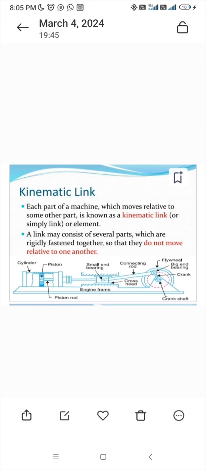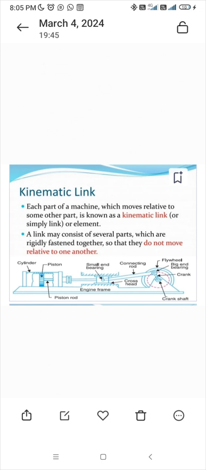Link 3 is the crank, the crankshaft and flywheel. Why am I telling this as a separate link? If the crank is rotating, the crankshaft is also rotating, and the flywheel will also be rotating. Only rotating directions, so we can say it is a separate link.